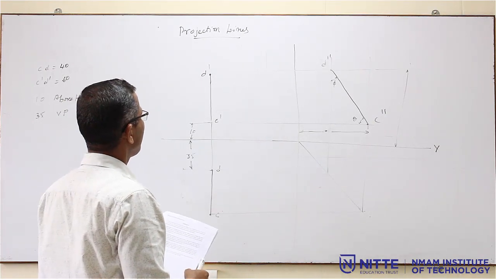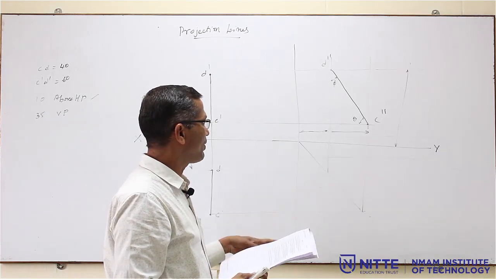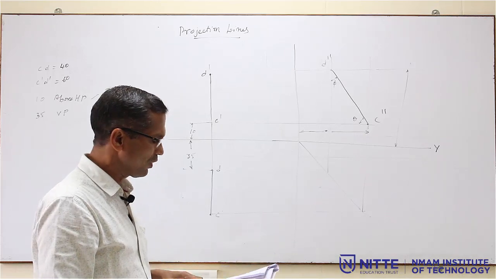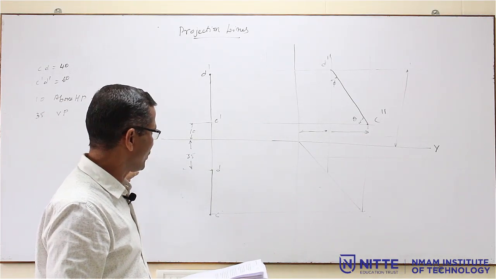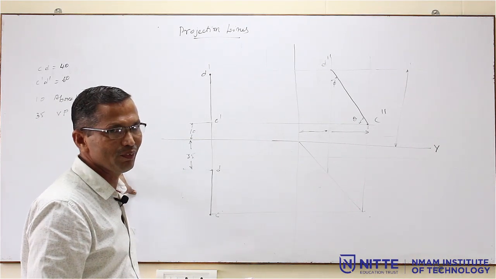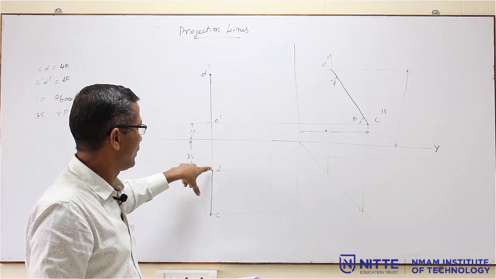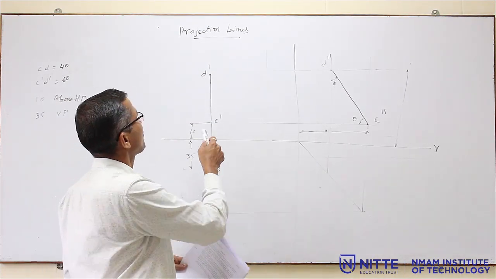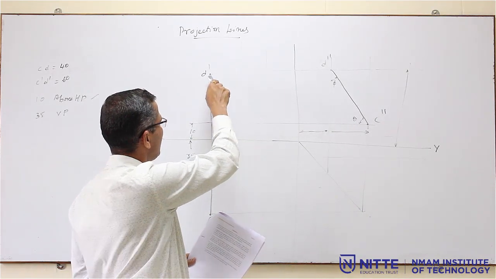Now, this can be solved by the other method also, using the regular method. This is the simple method where, if you go directly for the profile view, you are going to get the solution, or else you can try the previous methods that you have solved. That is, this is the front view and top view, how to get the true length by keeping one of the points constant and rotating it, and getting D dash here.